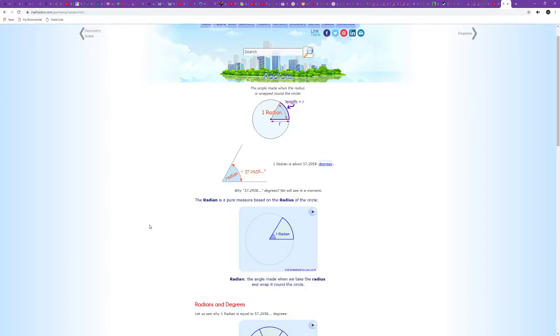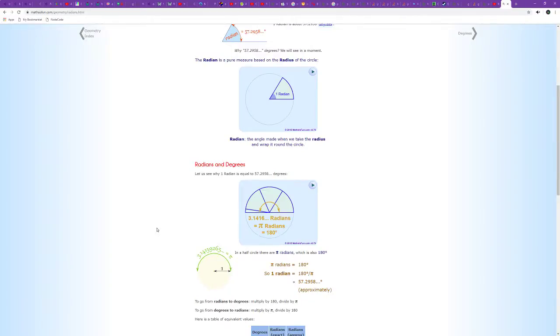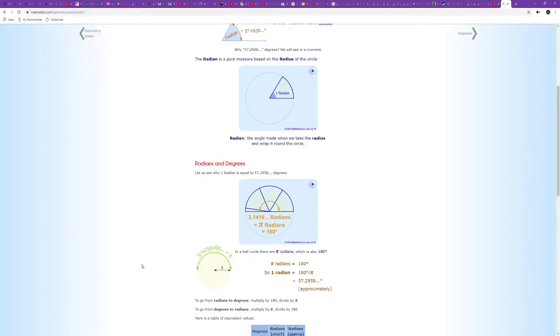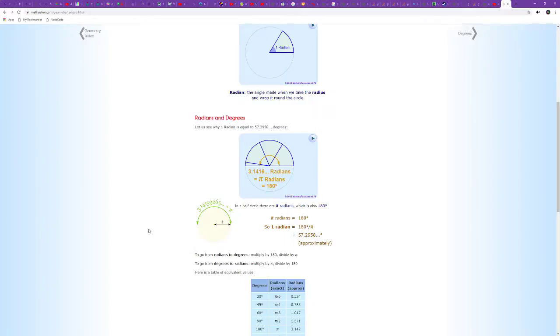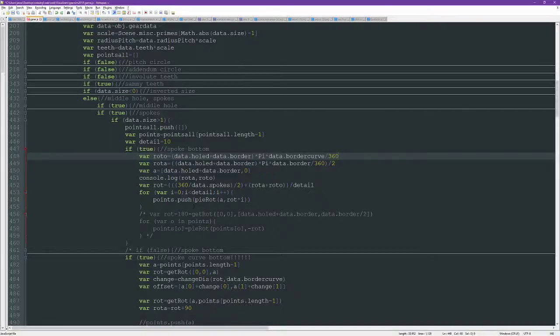I thought 2 radians was a full circle. Oh, that is... okay. Pi. So would I not want that divided by pi times 2 times 360?